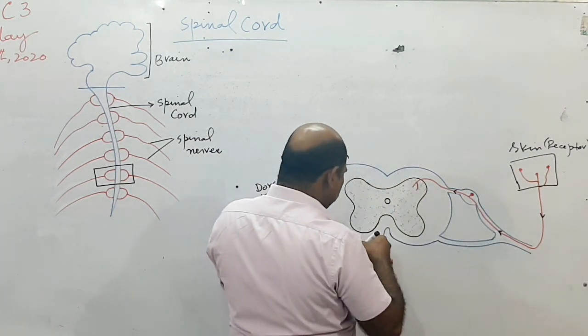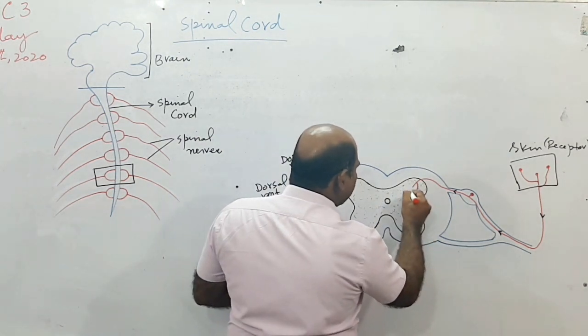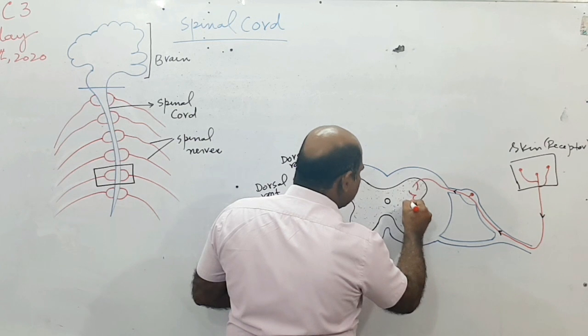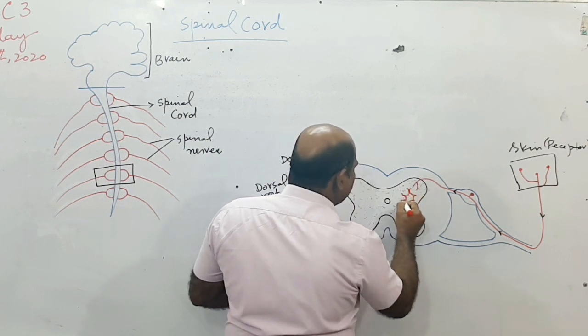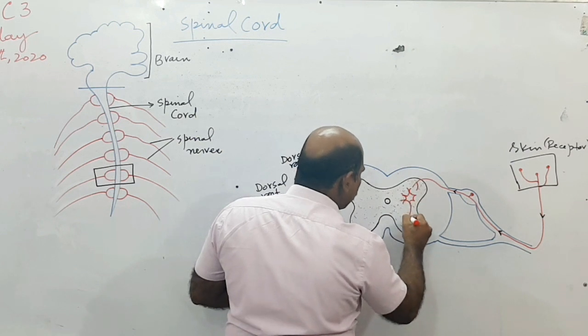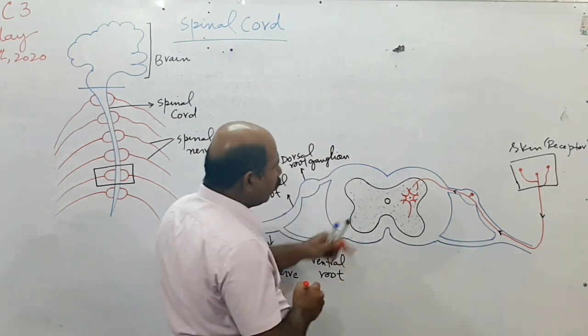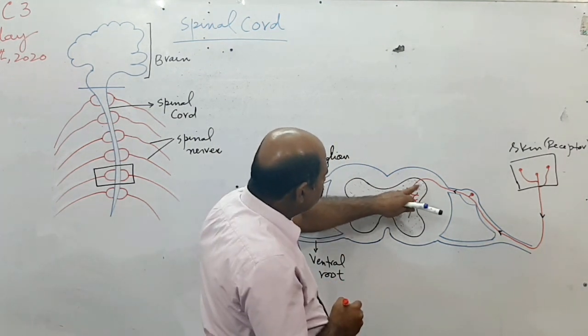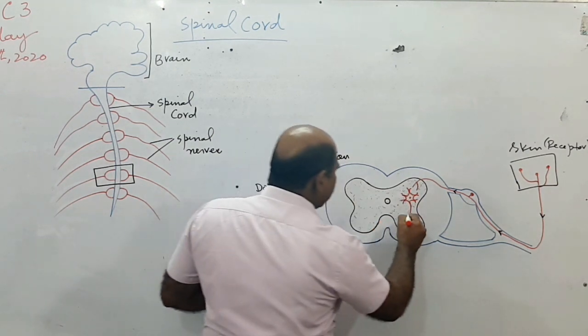So here comes the most important part, and normally students draw this without providing the gaps in between. I explained before that there is a gap between the neurons, and the gap between the neurons is called synapse. So synapses are there, you can see that they are not directly connected.